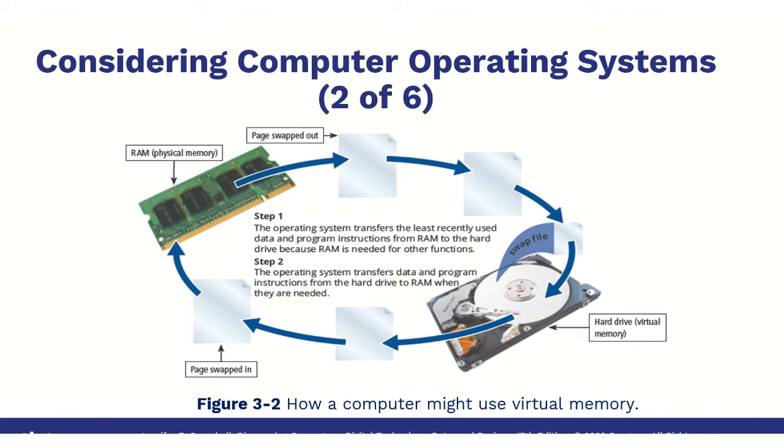If you add or multiply numbers, then you are using the arithmetic logic unit. Now, computer memory is responsible for holding the data and programs as they are being processed by the CPU. Different types of memory exist, including random access memory, read-only memory, and virtual memory.